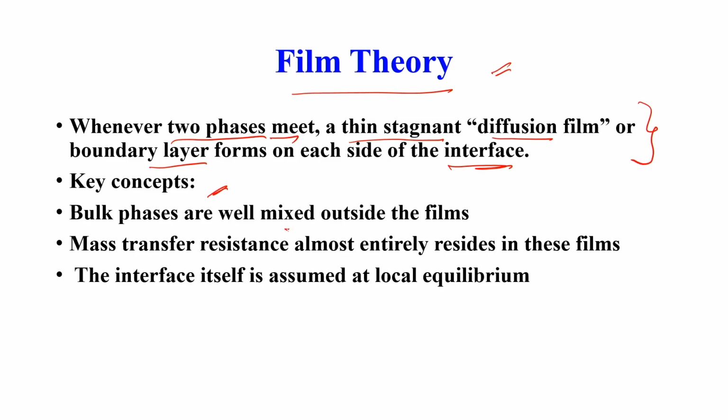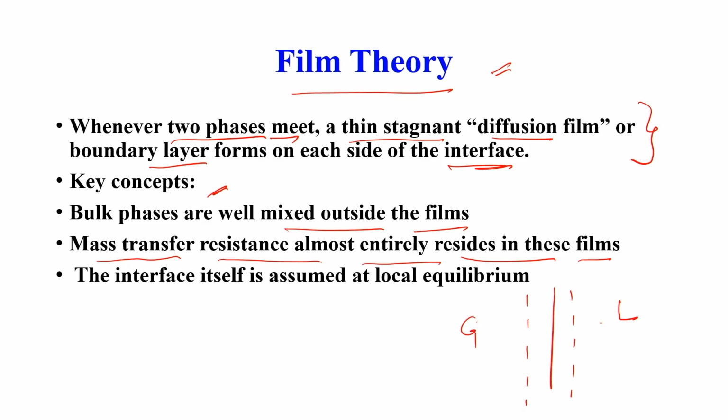The bulk phases are well mixed outside the film, and mass transfer resistance almost entirely resides in the film. If I have a solid, this is a film on this side, and there can be a film on the other side as well. Say this is the gas phase and this is the liquid phase, and the interface is assumed to be at local equilibrium. Whatever the interface is, we assume it is at equilibrium.